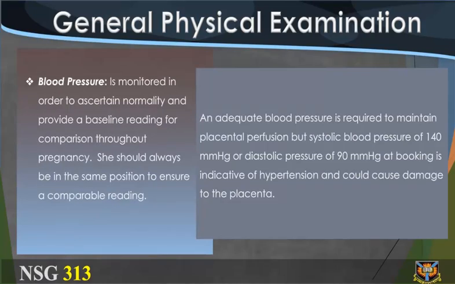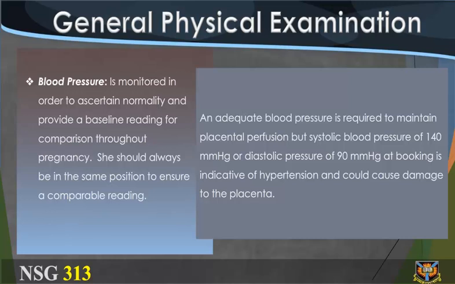Blood pressure is monitored in order to ascertain normality and provide a baseline reading for comparison throughout pregnancy. She should always be in the same position to ensure a comparable reading. An adequate blood pressure is required to maintain placental perfusion.